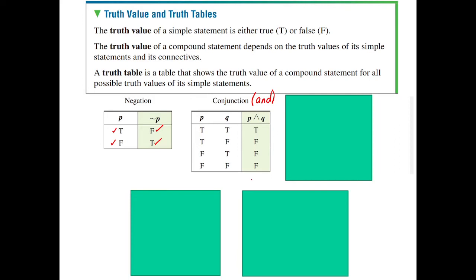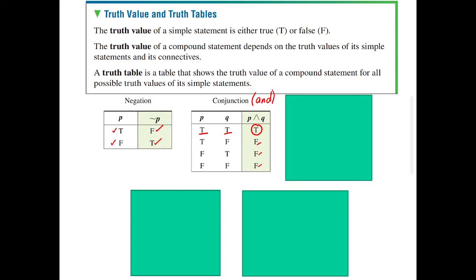Otherwise, everything is false. Again, ang and true ra jud na siya if both are true. Kung true ug false, true and false, false and true, false and false, all of them will be false. So, sa conjunction, atong timan-an ra jud, dapat true siya kung true ang duha ka statements.